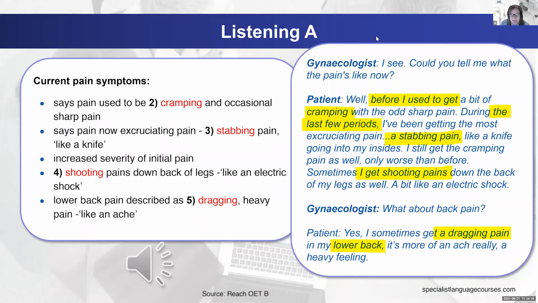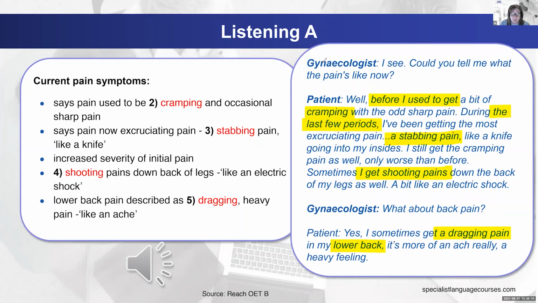Then there was the link to the information already given here. It said, I still get the cramping, only worse than before. So increased severity of initial pain. And then sometimes I get shooting pains down the back of my legs. And then the link to the final question was the question that the gynecologist asked. What about back pain? The answer to question 5 is coming up, and it's, I sometimes get a dragging pain in my lower back.